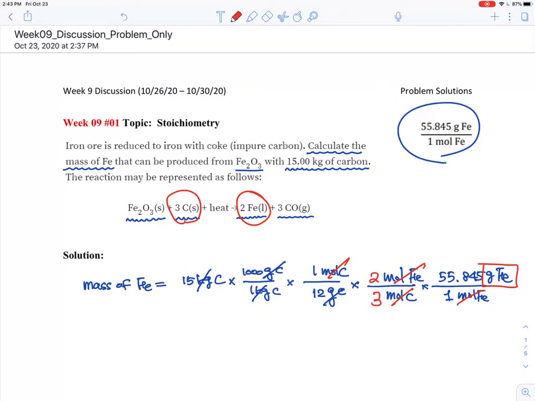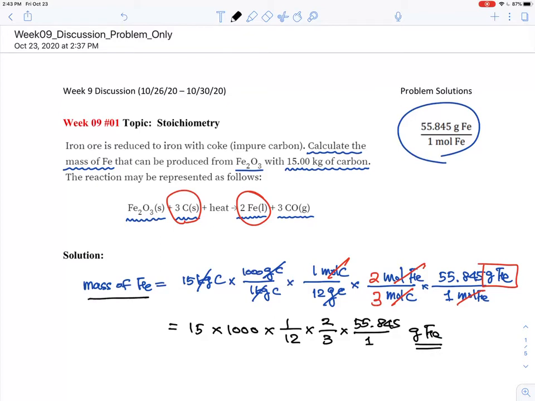Therefore, if you put everything together, this comes down to 15 kilograms changed to grams, and grams is now changed to moles of carbon, and then moles of carbon is changed to moles of Fe, and then 55.845 is the grams of Fe.